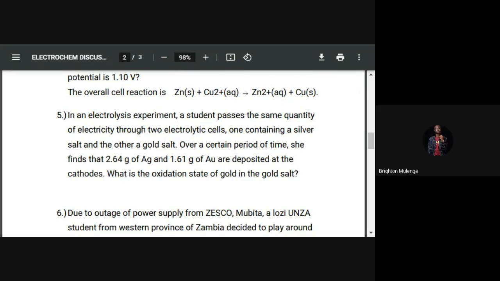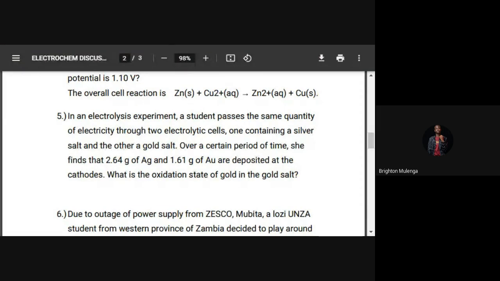Oh, thank you. On this question, if I recall very well, what they did, the gentleman there, we just assume that since silver is a transition metal, we know how they behave. They've got varying oxidation numbers. They can have an oxidation number of either 1, 2, 3, and so on. So what we did here is we just find the number of moles of each element that we've been given.